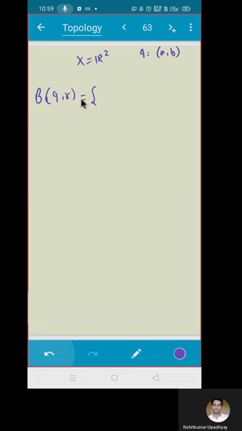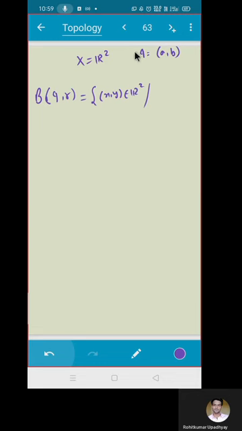Can you tell me what are the elements of B(q, r)? How does an element look in R2? You can take some (x, y) belonging to R2 satisfying what condition? d(q, (x, y)) is less than r.